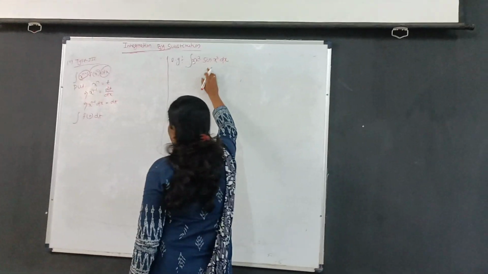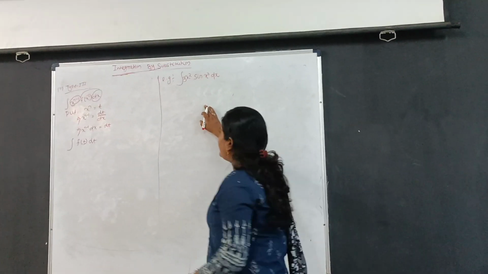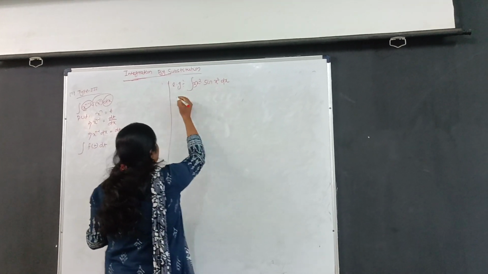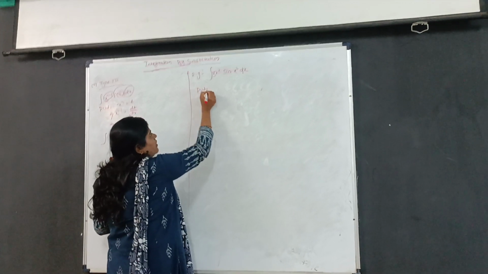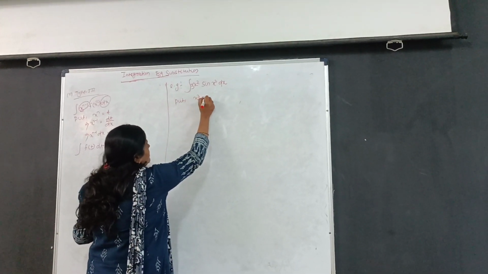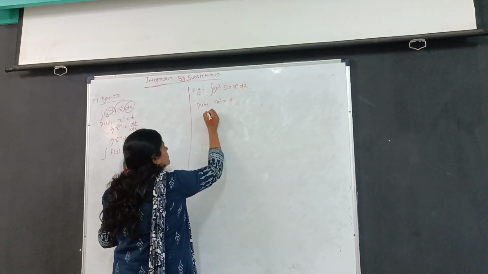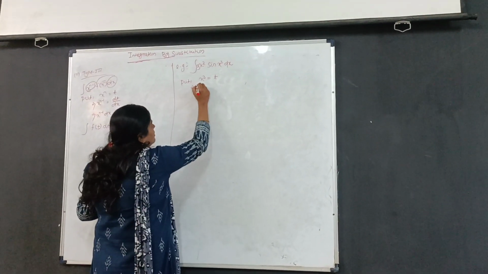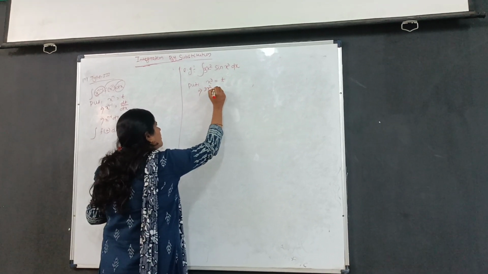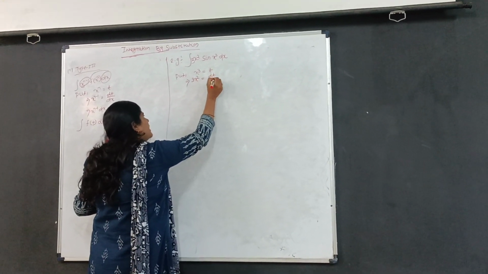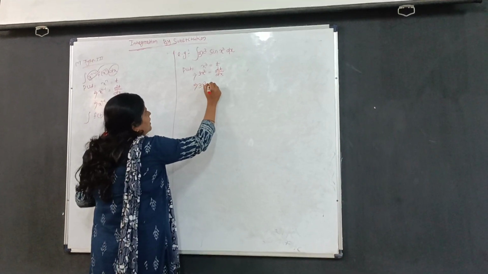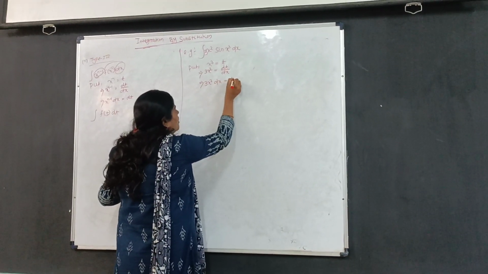Here the function f is sine and x to the power n is x cube. Put x cube equal to t. Differentiate both sides with respect to x, and you get 3x square is equal to dt by dx. That implies 3x square dx is equal to dt.